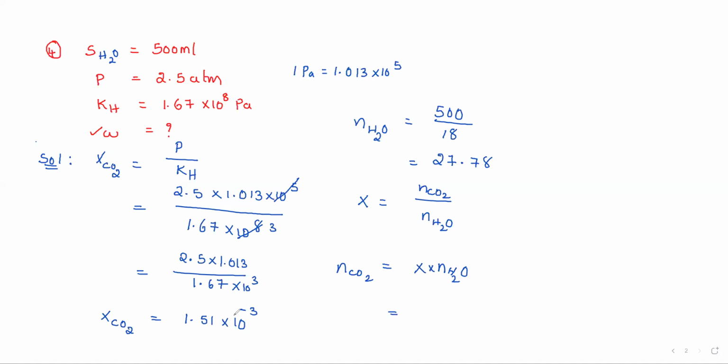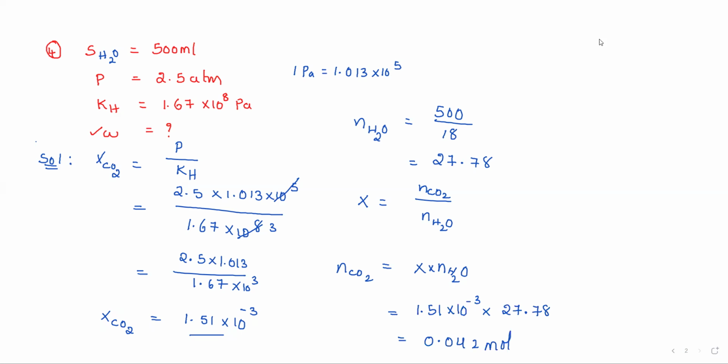The X value you already have, 1.51 into 10 power minus 3, into number of moles of water, 27.78. Simplify this and you will get the answer 0.042. Clear, all of you?